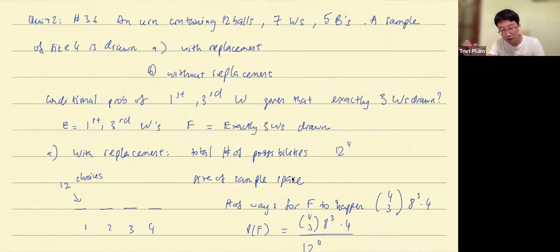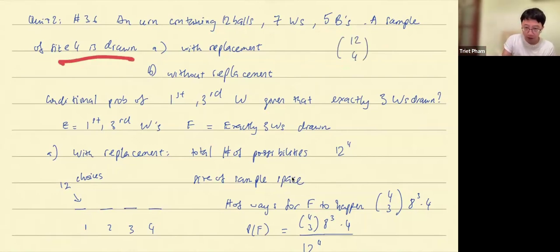There's nothing that different about the question. I mean, the answer will be different. But if you have 7 whites and 5 blacks, and a sample of size 4 is drawn, then 12 choose 4 is just thinking of choosing 4 objects out of 12 objects. But my way of thinking would do 12 choose 5, because out of 12 positions, I choose 5 positions for black.